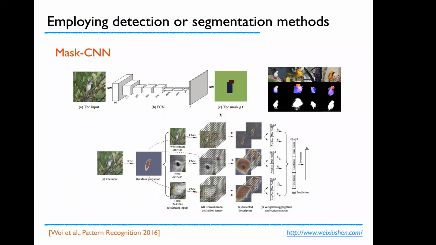Furthermore, we use these object or part level masks to select the useful descriptors and discard some noisy or background descriptors, and it is very useful for the fine-grained recognition.